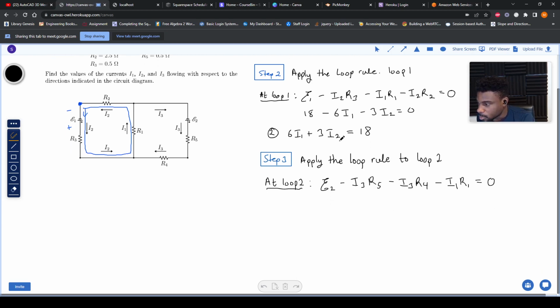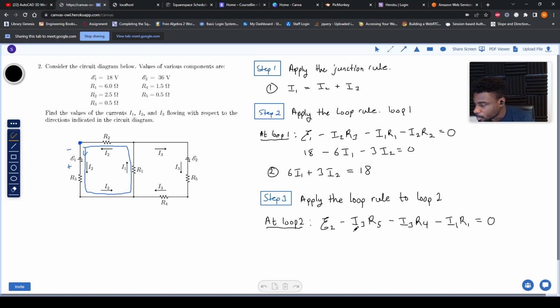Okay, so let's substitute all of our values in there. So you said E2 was 36. Are there any like terms we can combine? We've got I3 here, so we're going to have to add R5 and R4. That's 1.5 plus 0.5, that's 2. So this would be minus 2 I3.